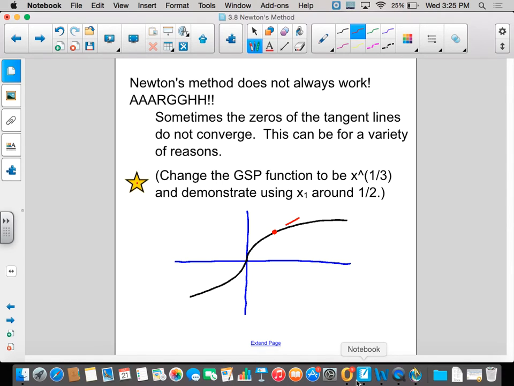But if we go out and we draw a tangent line, say we get close here, and so this is our new x value, and there's our new y value. What ends up happening is the repeated iterations actually take you further and further away from the 0.